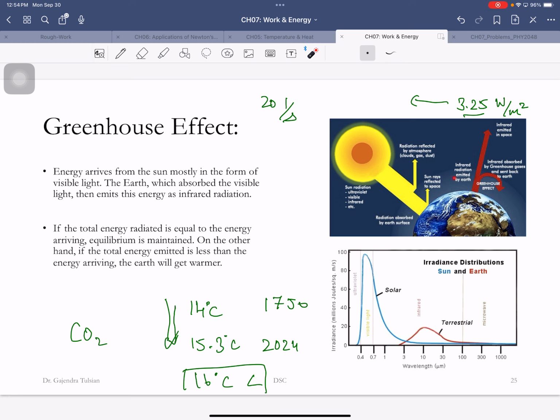Because we're changing the properties of the atmosphere. In 1750, what was going out was equal to what was coming in. And today, what's going out is less than what was coming in. And why did that happen? Because we changed the property of the atmosphere. And what did we do? We put CO2 in the atmosphere.